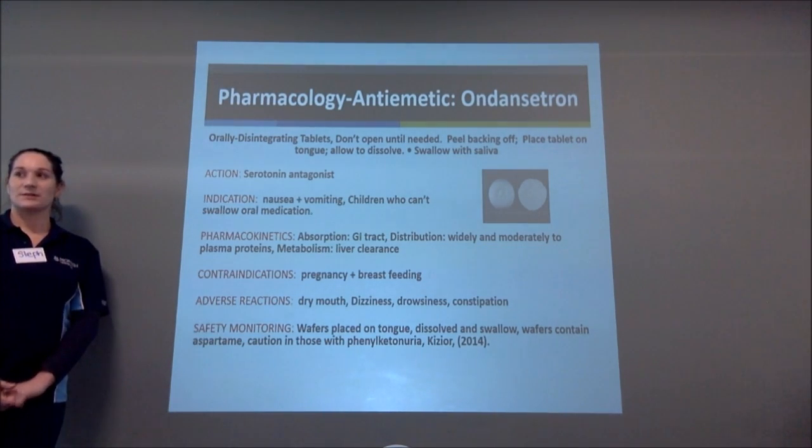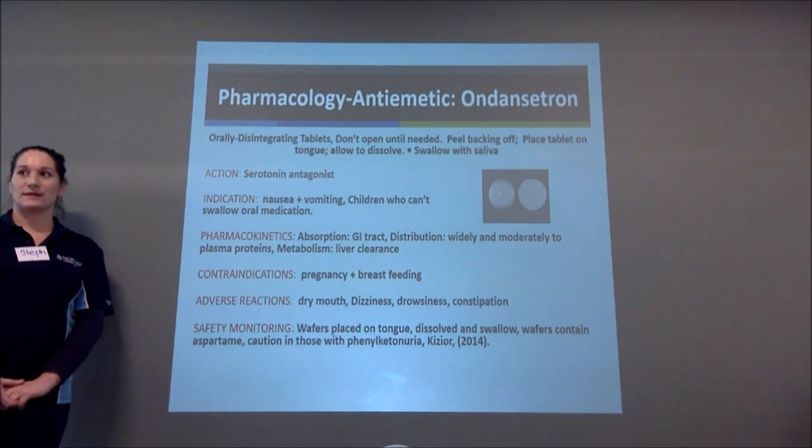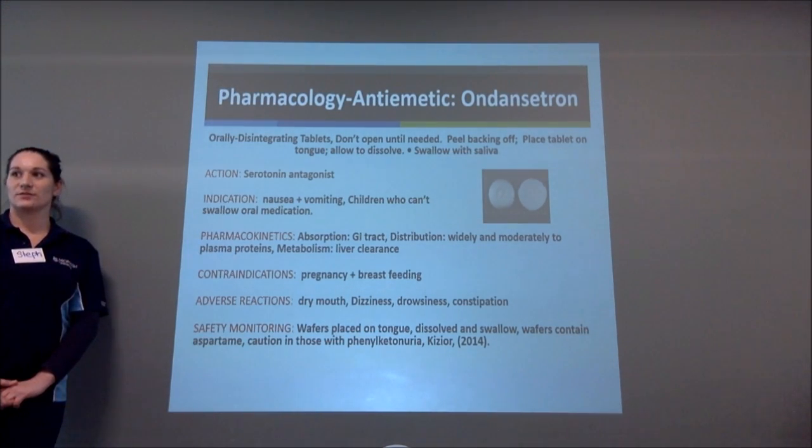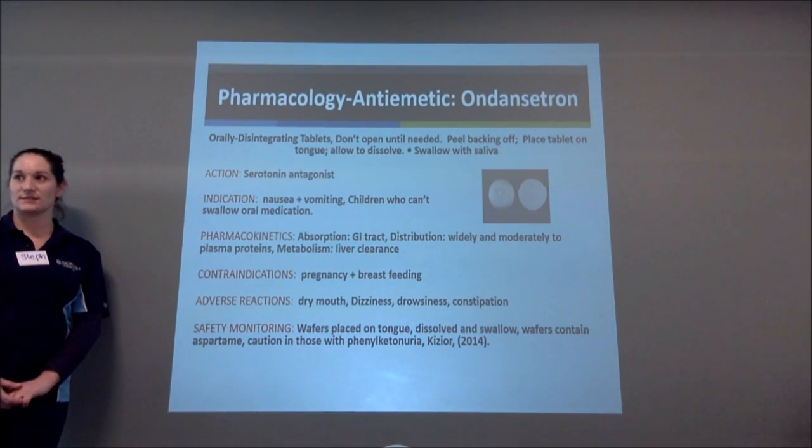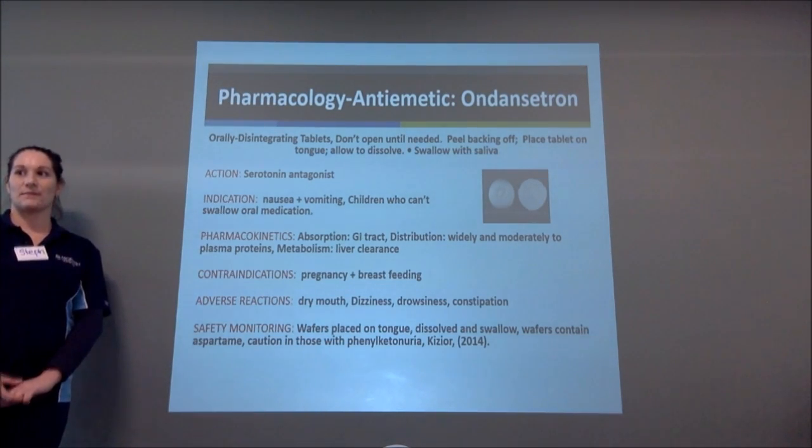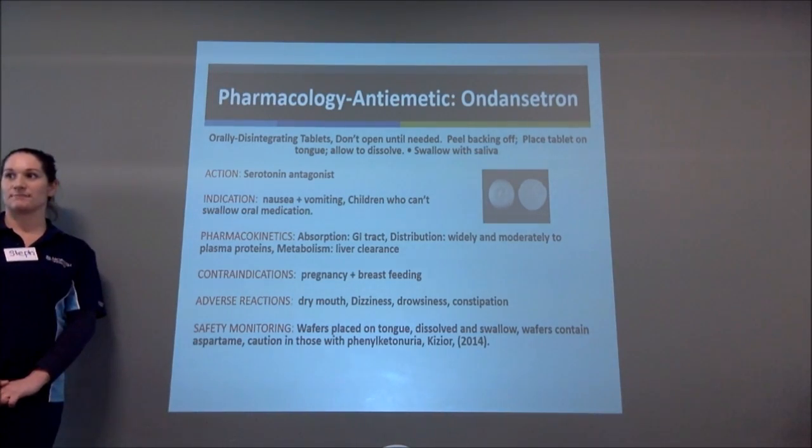The safety monitoring includes mild to moderate hepatic impairment, those at risk for QT prolongation or ventricular arrhythmias, monitoring the ECG in patients with electrolyte abnormalities such as hypokalemia and hypomagnesemia, congestive heart failure, bradyarrhythmias, and assessment of bowel sounds for peristalsis.